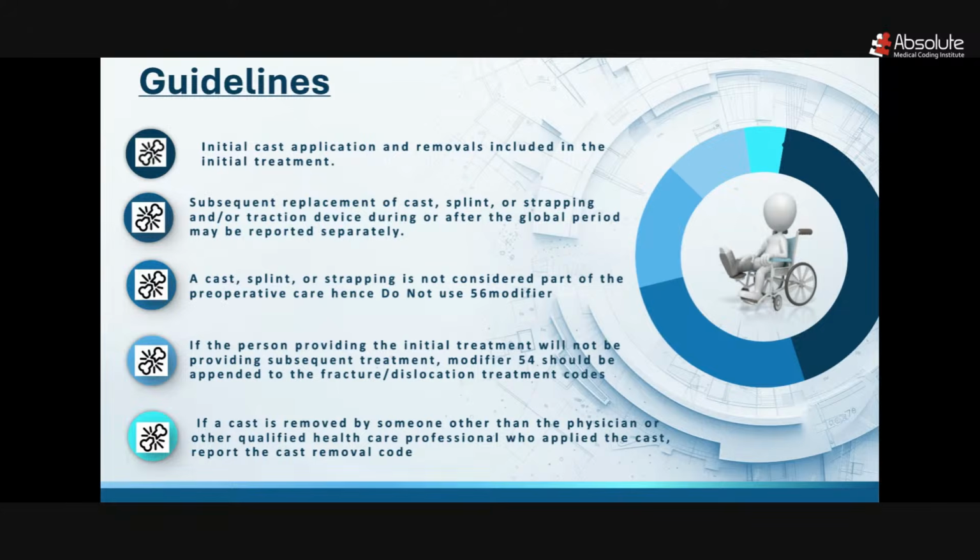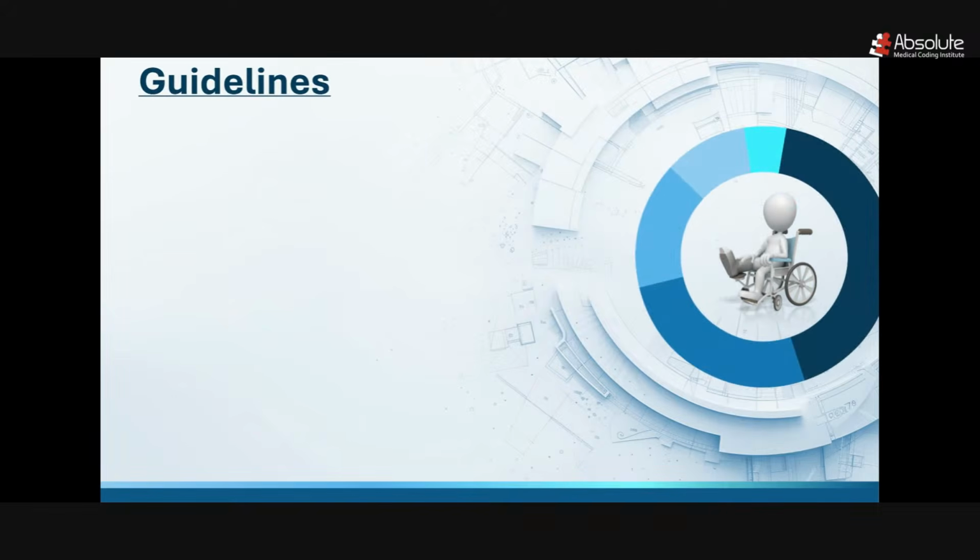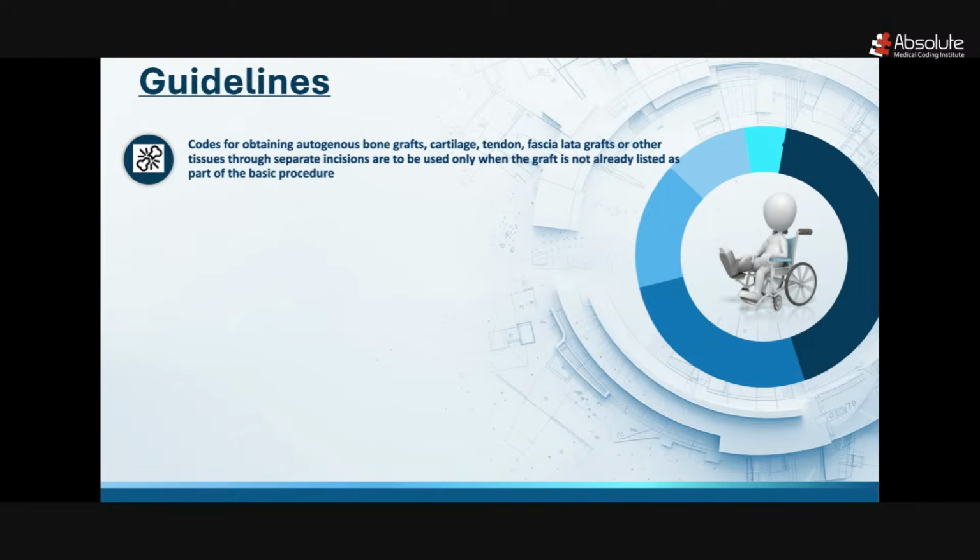We got a few more guidelines to review. So when the surgeon obtains an autogenous bone or cartilage or tendon or fascia lata or other tissues through a separate incision, you only report a separate graft code if that graft is not already included in the main procedure.